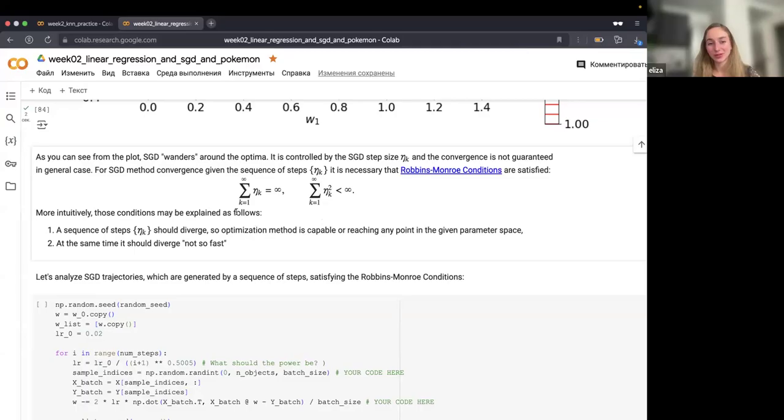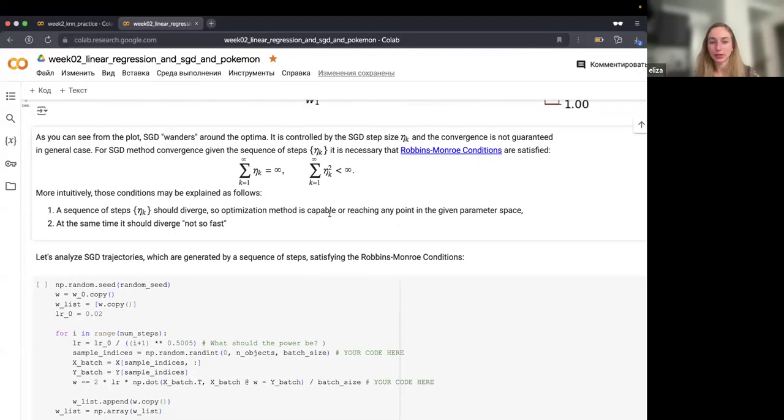The sum of your step sizes diverges, but the sum of squares converges. These are conditions which help to define and control your step size on every iteration, and it automatically changes your step for learning the model.